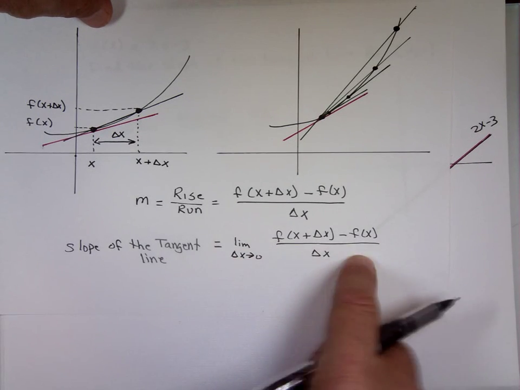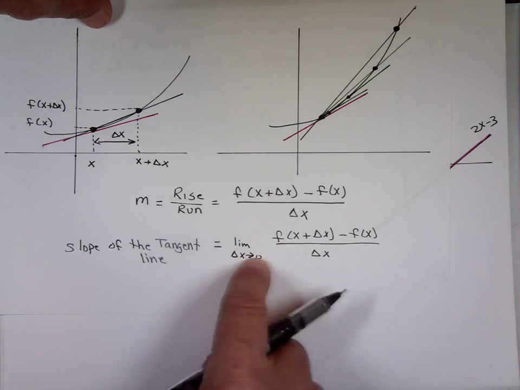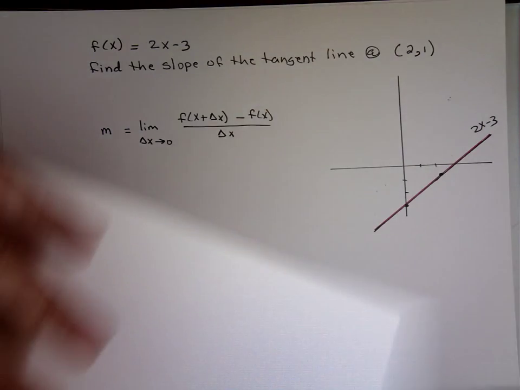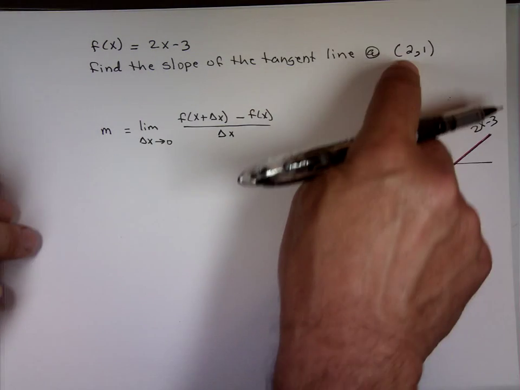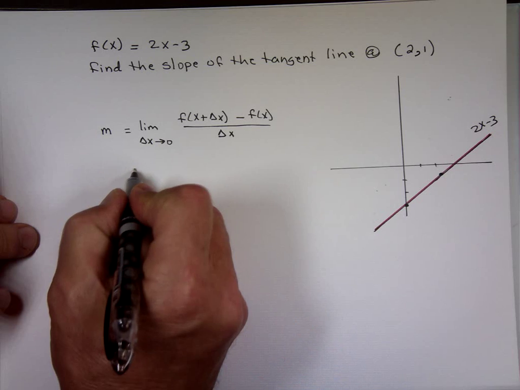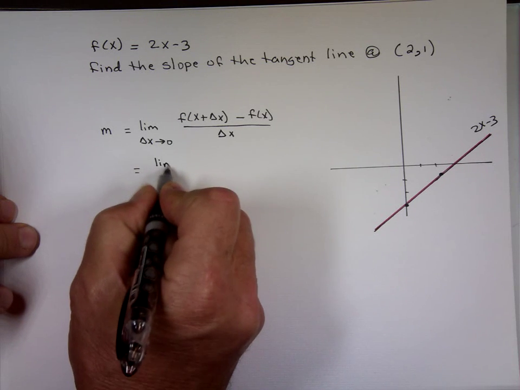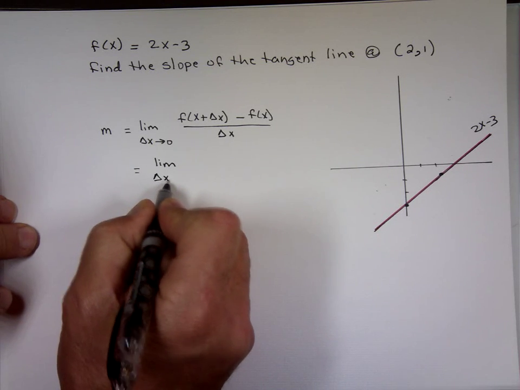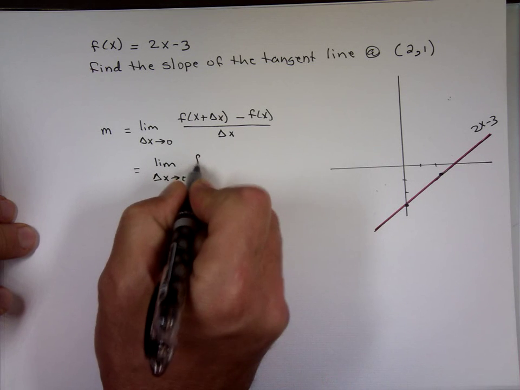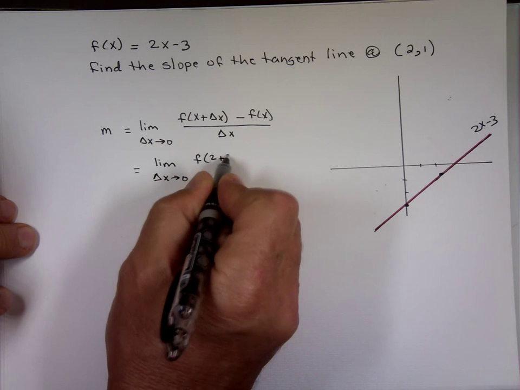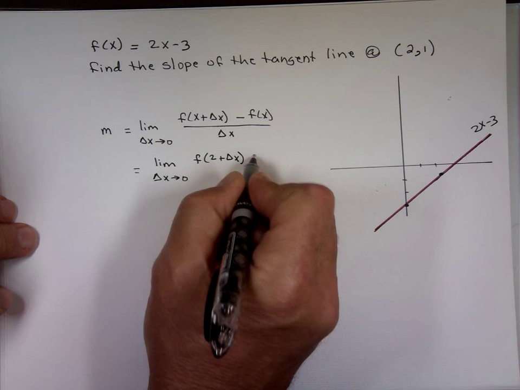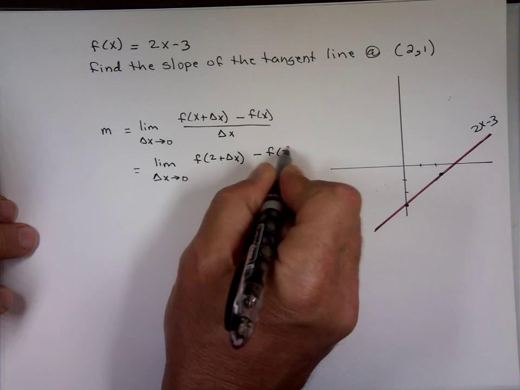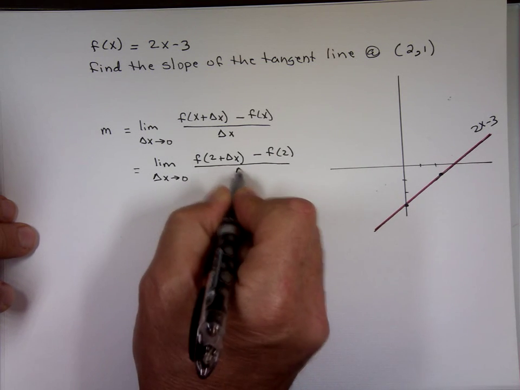I just finished deriving that, saying that right here. And my point here is 2 actually, because I want to find it at 2, I don't want it at any point. So it's going to be f of 2 plus delta x minus f of 2 divided by delta x.